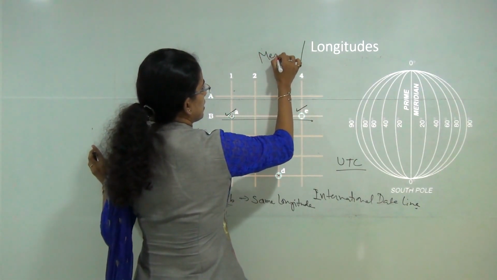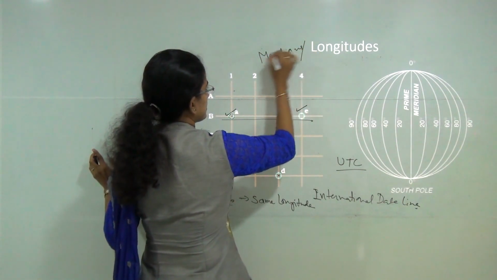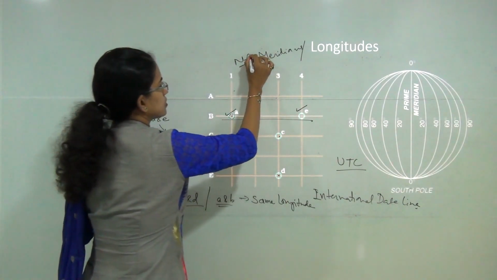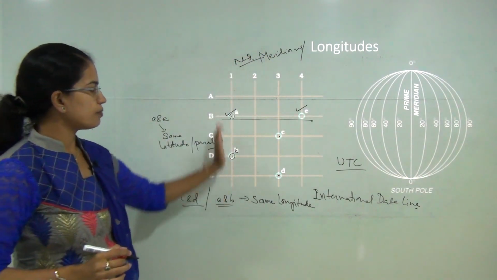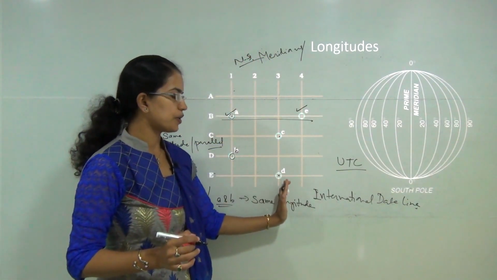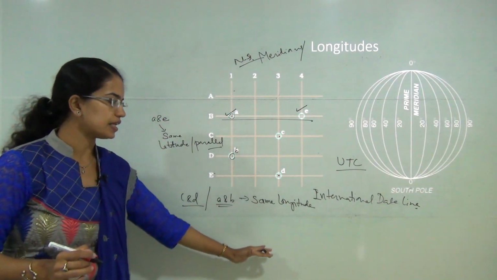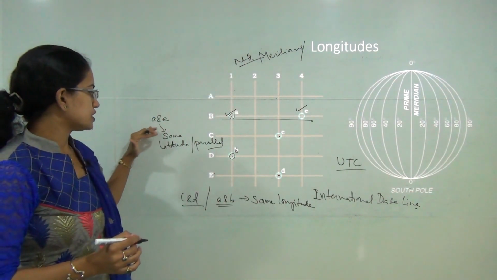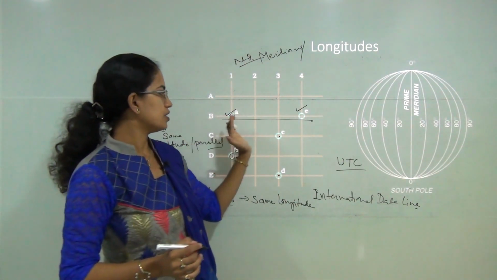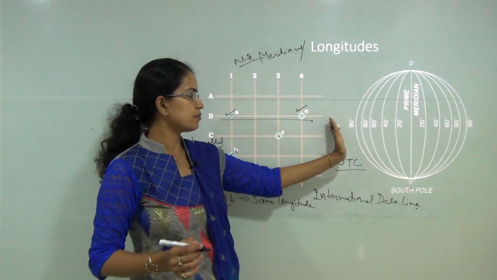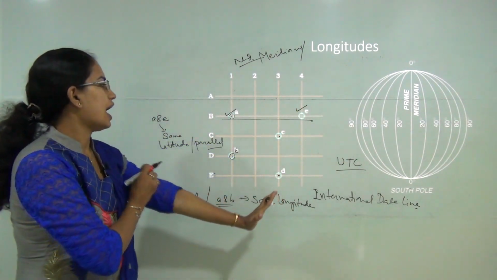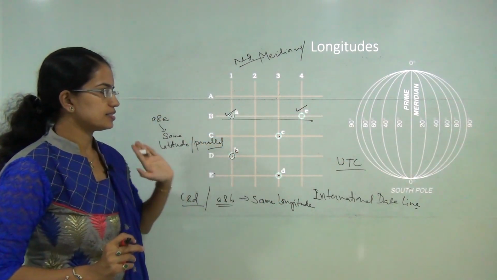Longitudes, as we said, are also known as meridians and they run north to south. So all points which are on the same north-south line would have the same longitude or same meridian. All the points which are on the same parallel would be known as points on the same latitude, and they run east to west.